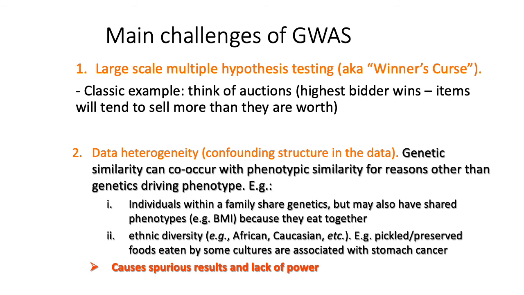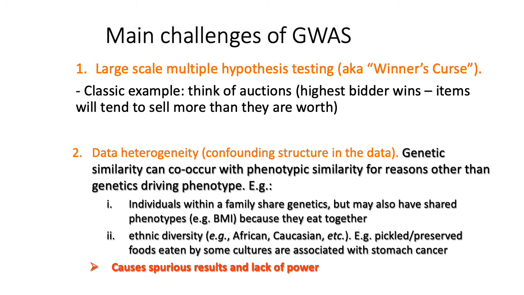For example, we know that in certain Asian cultures, people might tend to eat a lot of pickled food or preserved food. It's a well-known association that the more preserved or pickled food you eat, the higher the incidence of stomach cancer you have. And that's primarily thought to be because the chemicals within pickled foods tend to predispose you to stomach cancer, right?